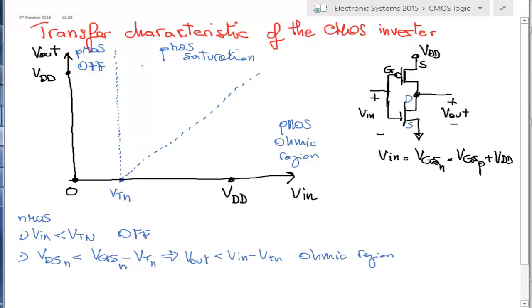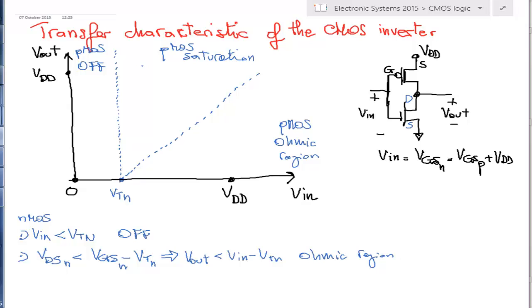So I took a quadrant, and then I have partitioned the quadrant in 3 regions. In each region, I can define the bias condition of the NMOS.